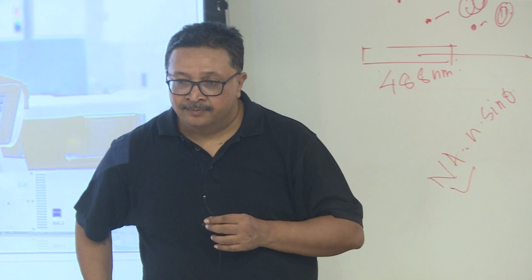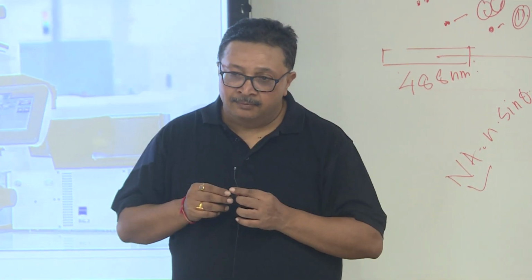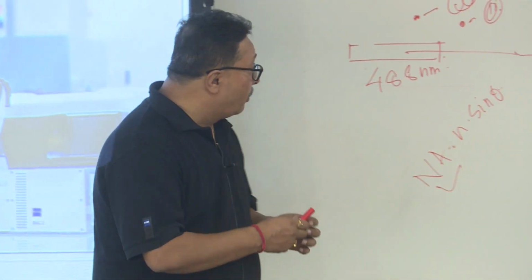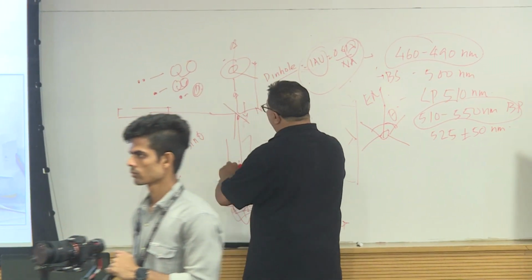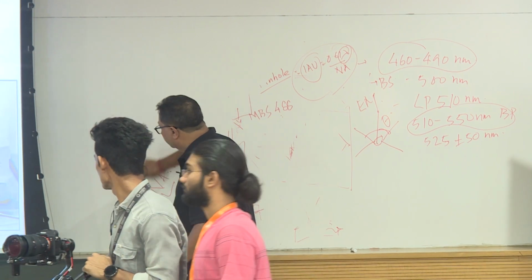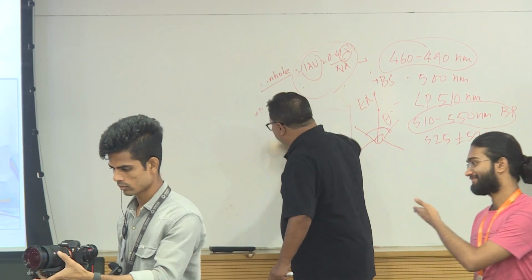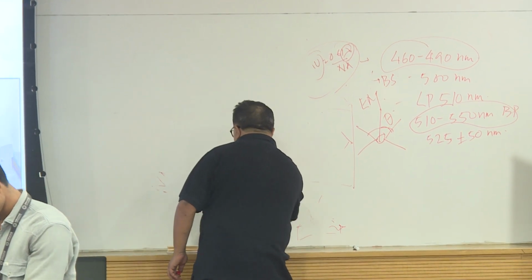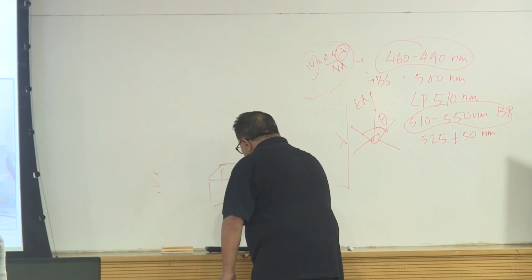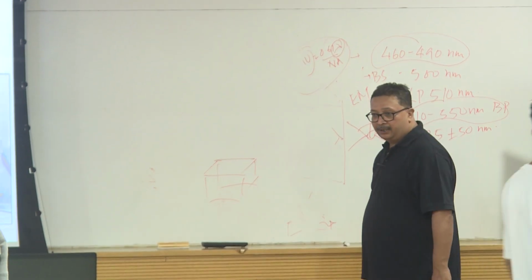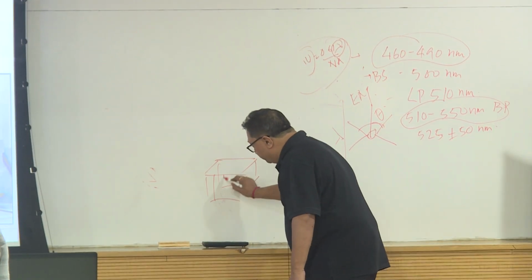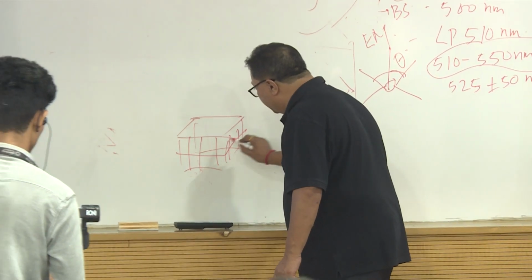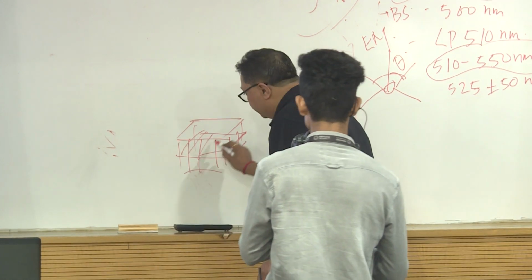Tell me. I still did not understand the point of a pinhole. Okay. So this is your sample, right, madam? You're exciting the whole volume. But out of this whole volume, one plane is your exact focal plane, right or wrong?